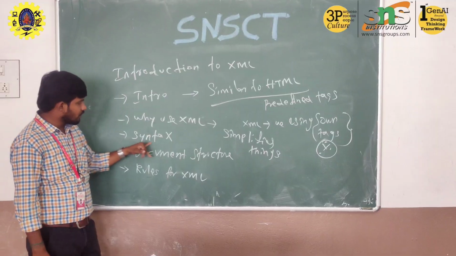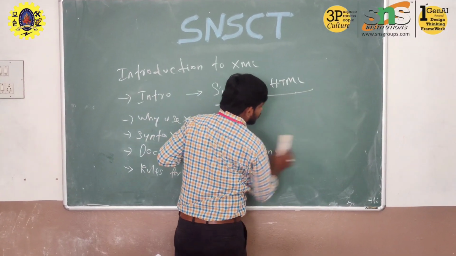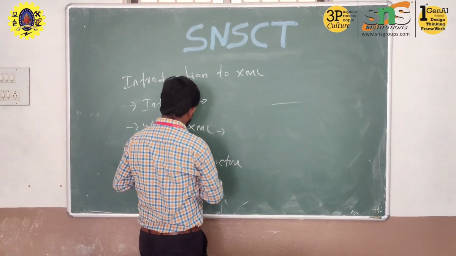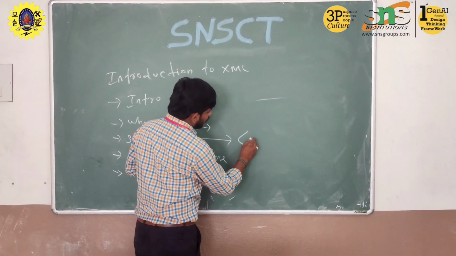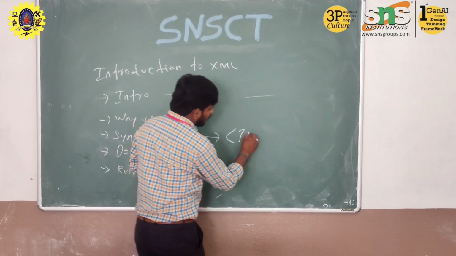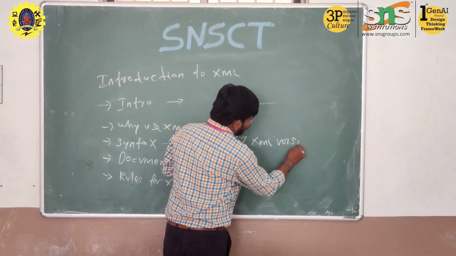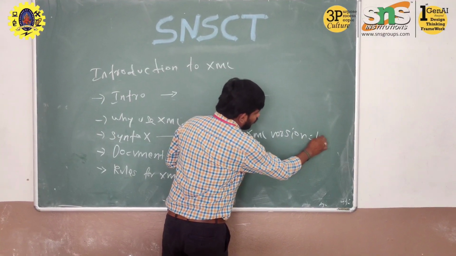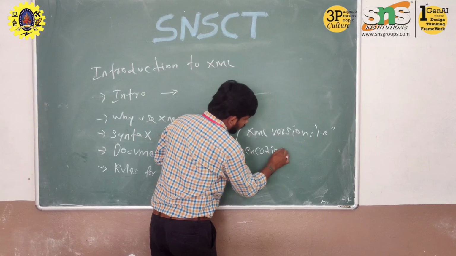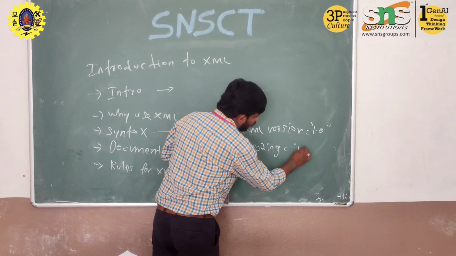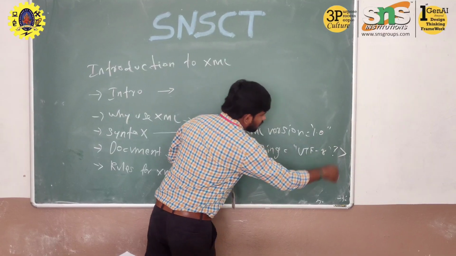So what is the syntax of XML? We write a less than character, then a question mark, then xml version equal to 1.0 and encoding equal to UTF-8, and close it.